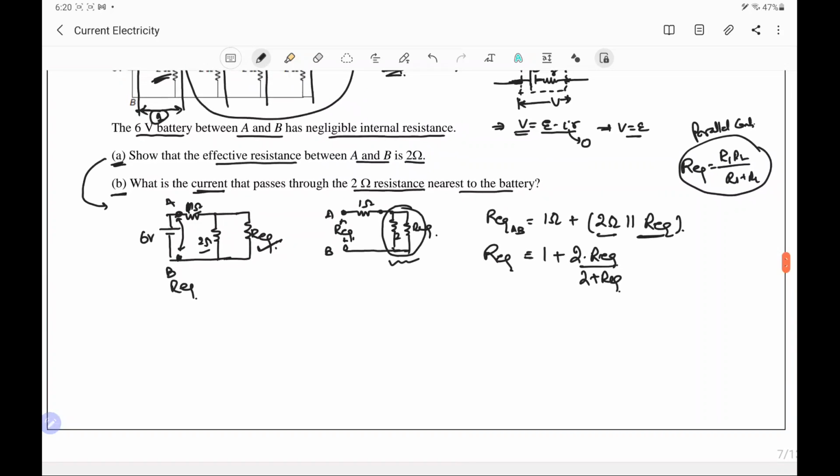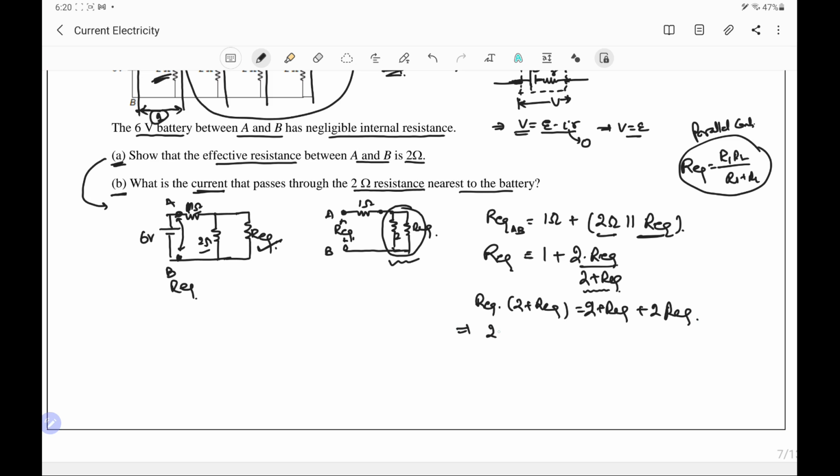Now simplifying this equation, if we take the LCM, which is 2 plus R_eq, and take this on the left side, we get R_eq into 2 plus R_eq equal to 2 plus R_eq plus 2 into R_eq.